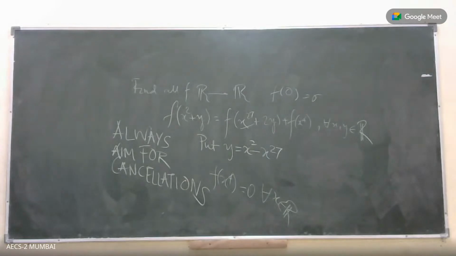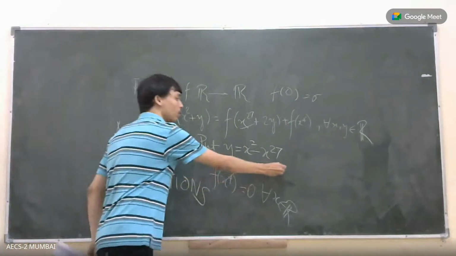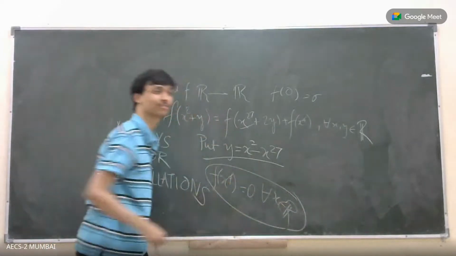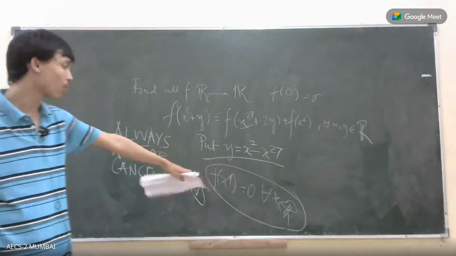How will you compute f of minus 1? What you can conclude is that f is 0 or non-negative. So when you put this and simplify it, do all of you get this? What does this mean?